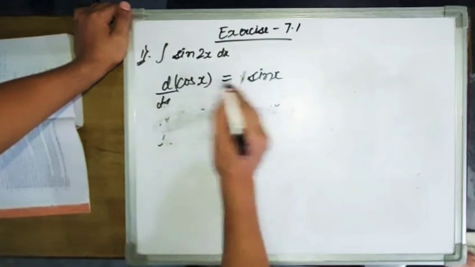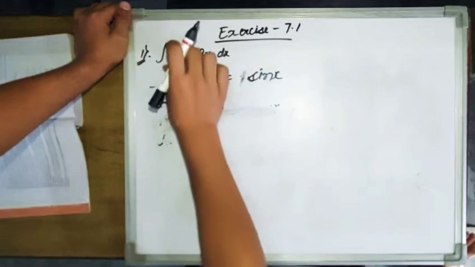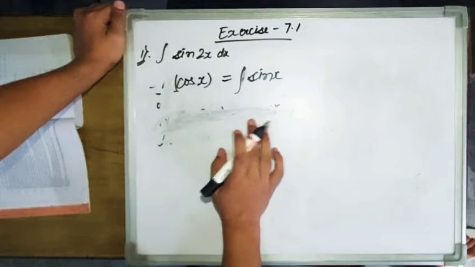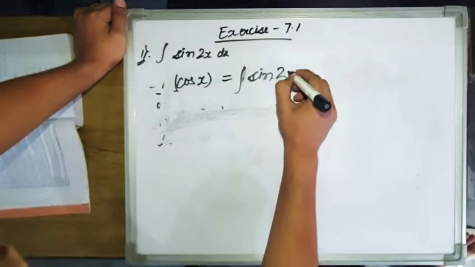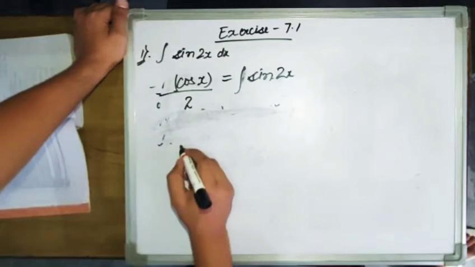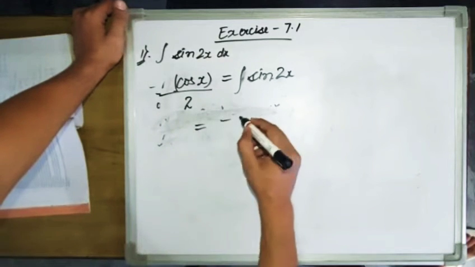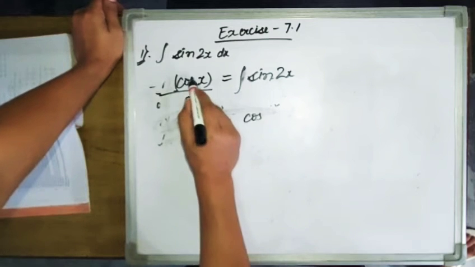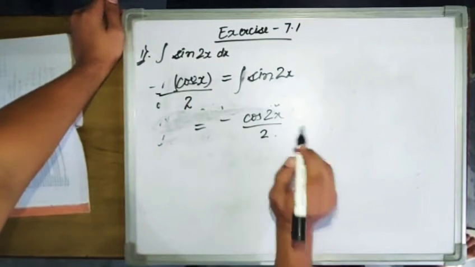Taking this sin x to the left hand side, the integration of sin x is minus cos x, and the integration of sin 2x will be minus cos x by 2. So the answer of this first question is minus cos 2x by 2, because the angle remains the same.